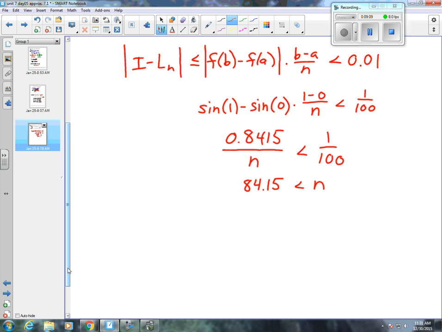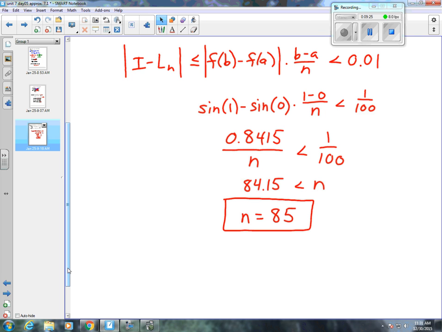So that tells me that 84 would be too few, and I would get an error that's more than 0.01. But as long as I set n equal to 85 or more, then my error is going to definitely be less than 0.01, or 1 over 100, based on my error bound formula from the theorem.